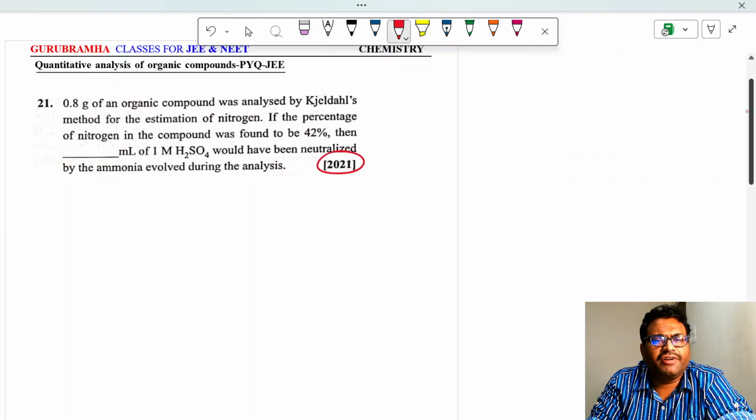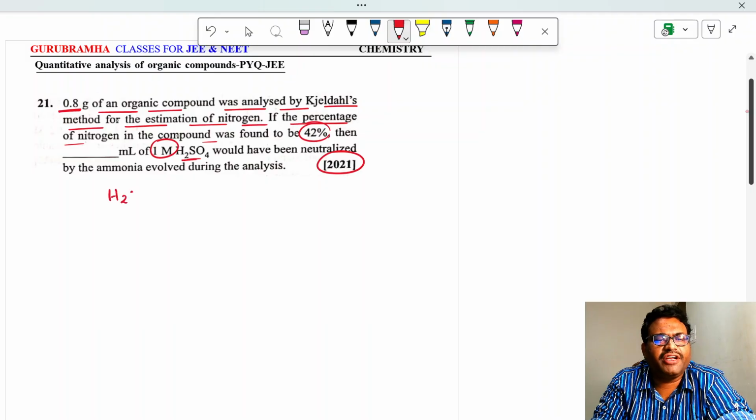Asked in 2021, 0.8 grams of an organic compound was analyzed by Kjeldahl method for estimation of nitrogen. If the percentage of nitrogen in the compound was found to be 42, then dash ml of 1M H2SO4 would have been neutralized. Okay, so let us see H2SO4. For H2SO4, what is the n factor? The n factor is equal to 2.